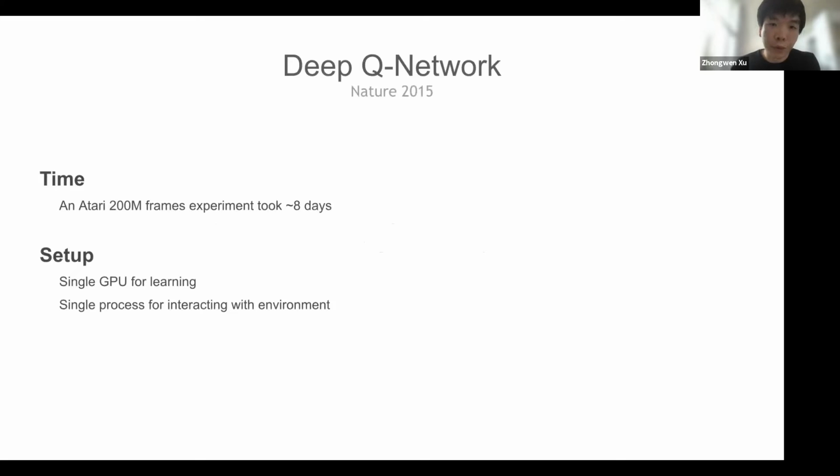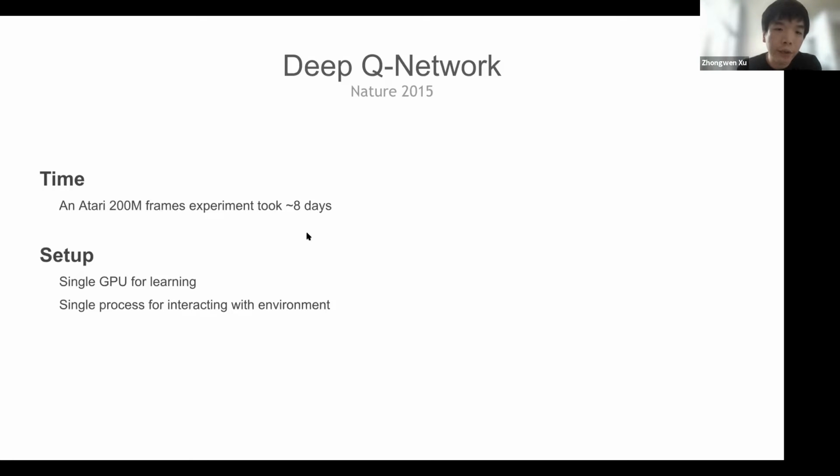So let's review the training time and the training setup in recent years, starting from the Nature DQN paper. It used to take about 8 days to train a single game in Atari. Even though the games look very old-fashioned, from the 1980s, these games are not simple for the agent.